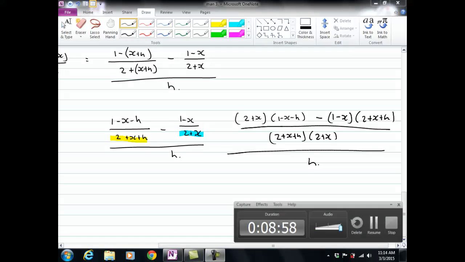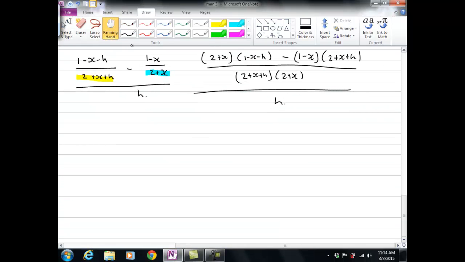I'm going to pause it. So if I were to expand this whole entire thing out, here comes the tricky part.